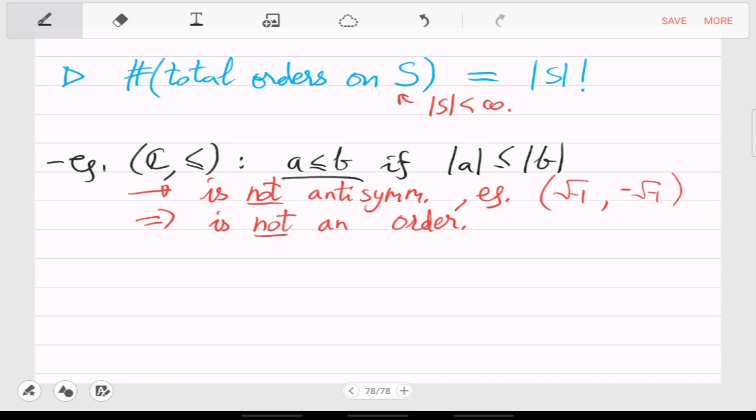So can you define something over complex numbers which will be a partial order, other than reals? Yeah, that's an interesting suggestion.